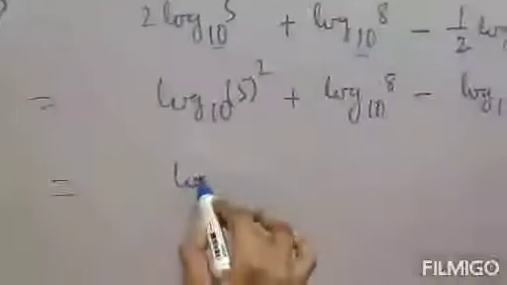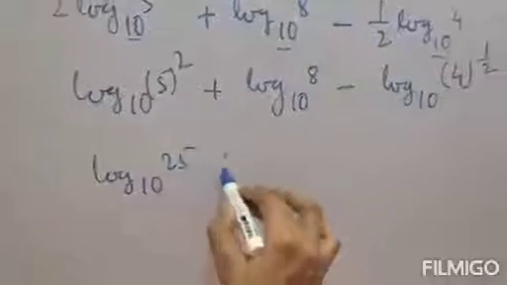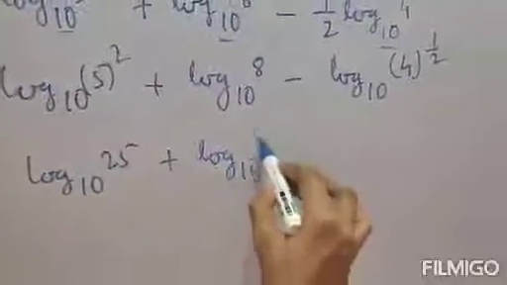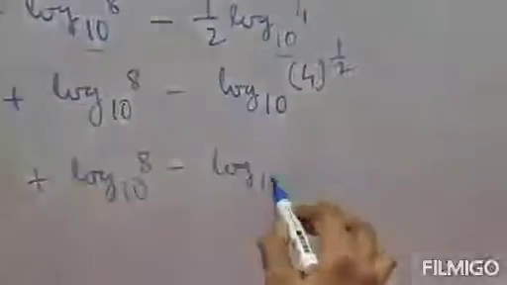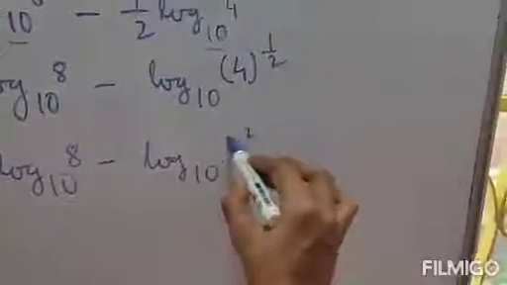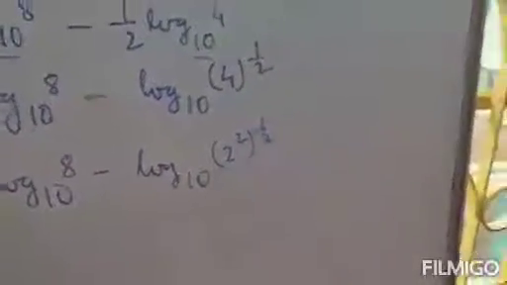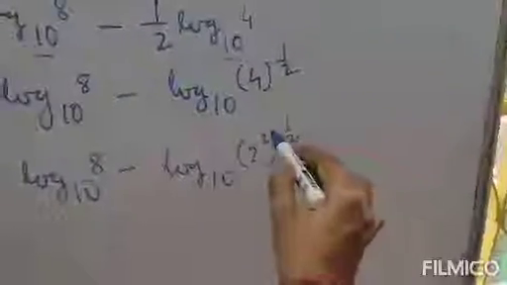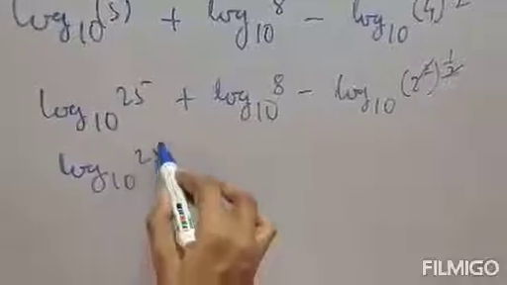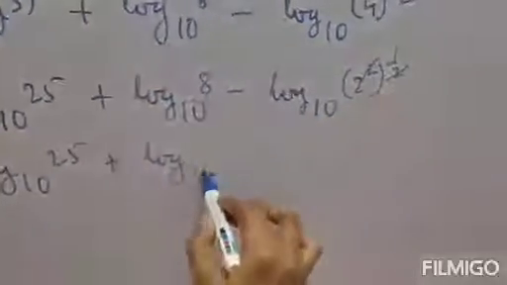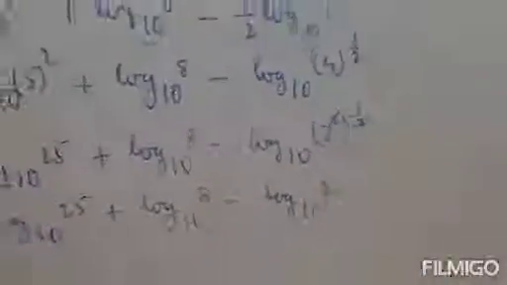Now log base 10 of 5 square means 25, plus log base 10 of 8, minus log base 10 of 4. We can write 4 as 2 square, and this is 1 by 2. So 2 will reduce. That means log base 10 of 25 plus log base 10 of 8, minus log base 10 of 2.